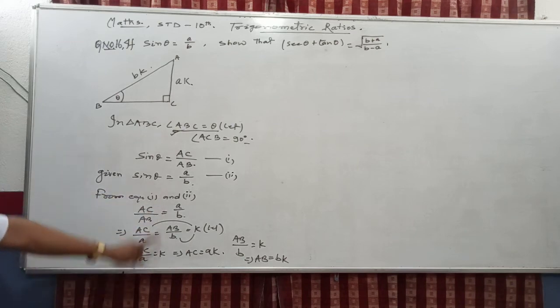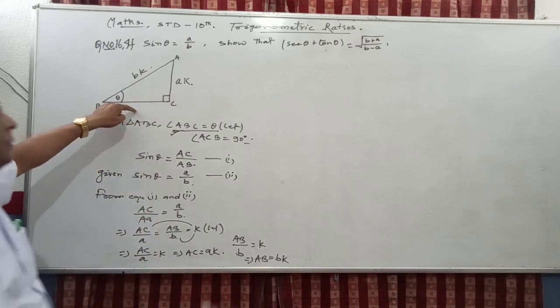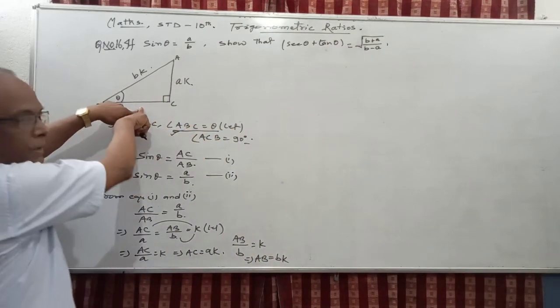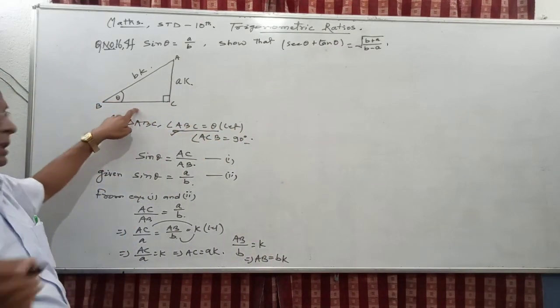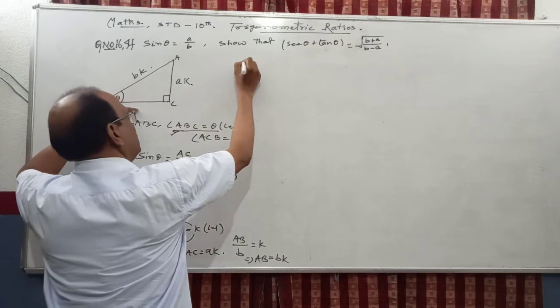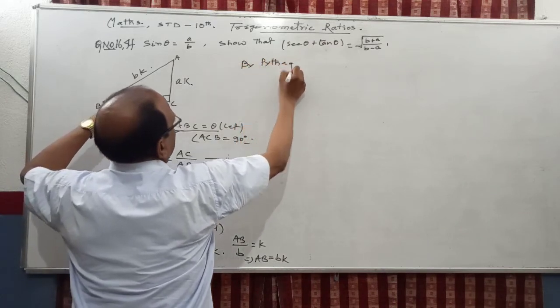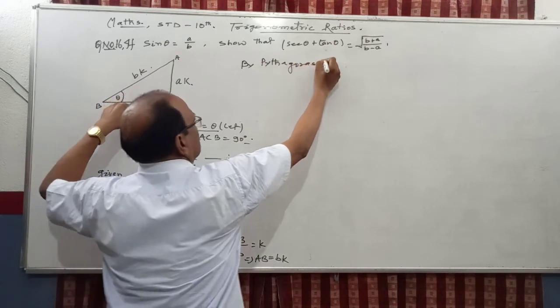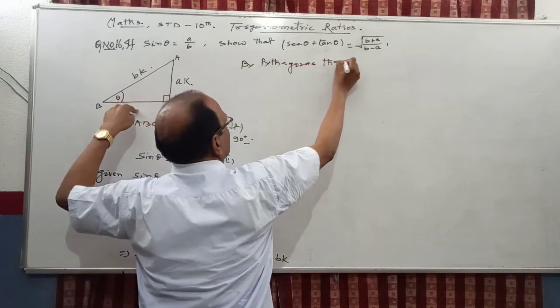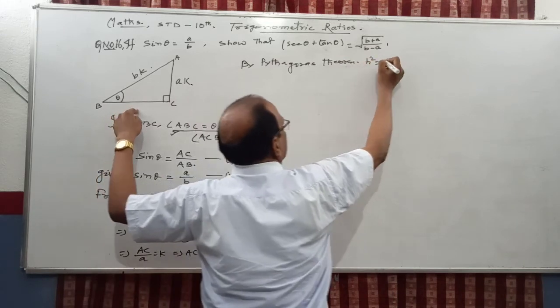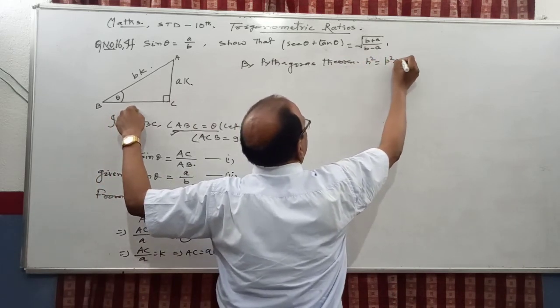By these calculations, we get this, because we have to get the tan theta, P by B. So B is not given, so we take the help of Pythagoras theorem. By Pythagoras theorem, we know H square is equal to P square plus B square.